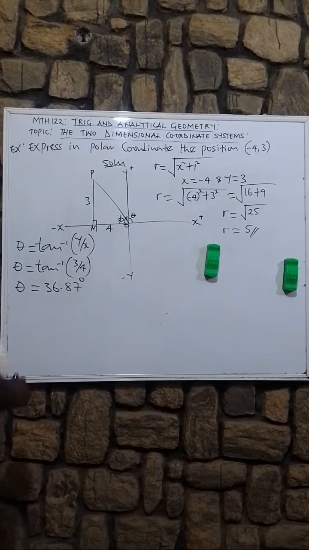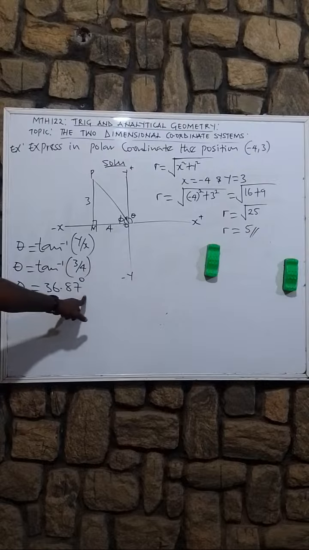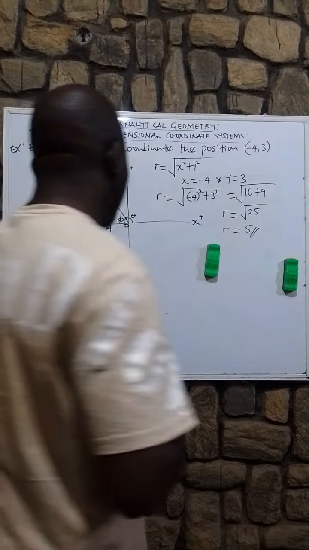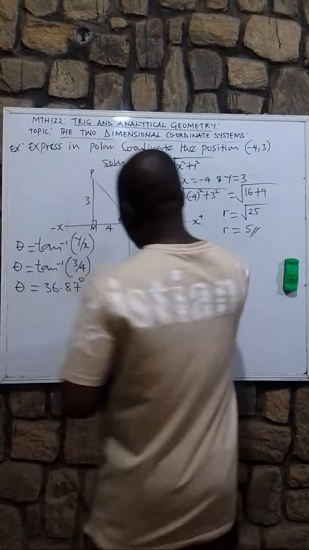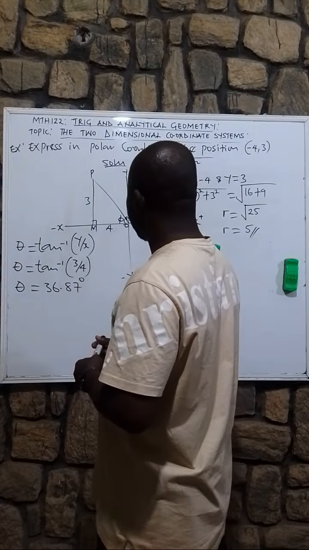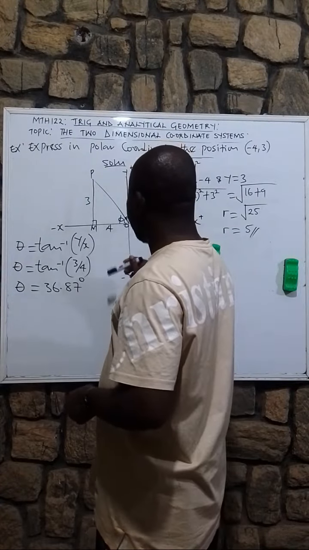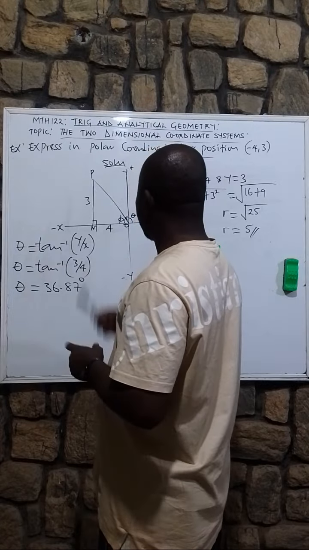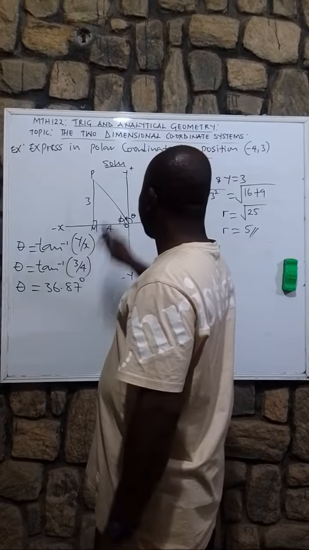So now our angle will be subtracted from 180 because it moved towards the negative axis. Is that clear?